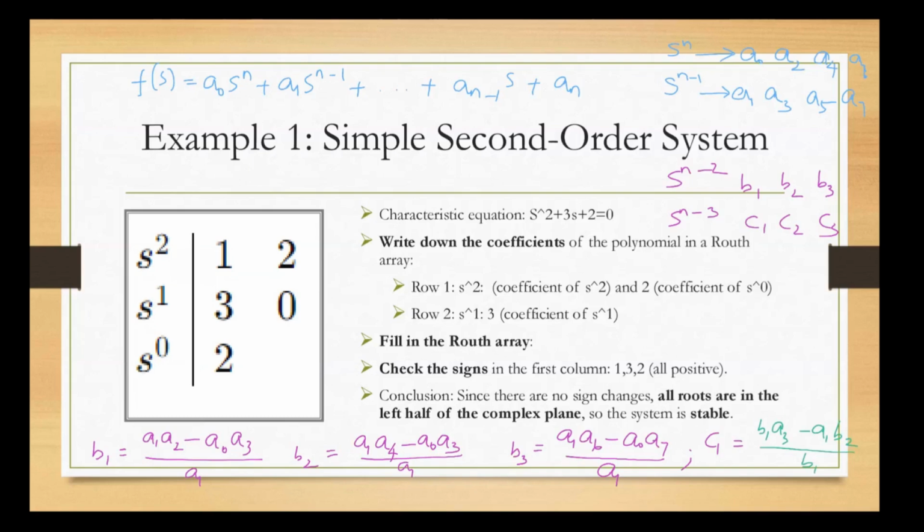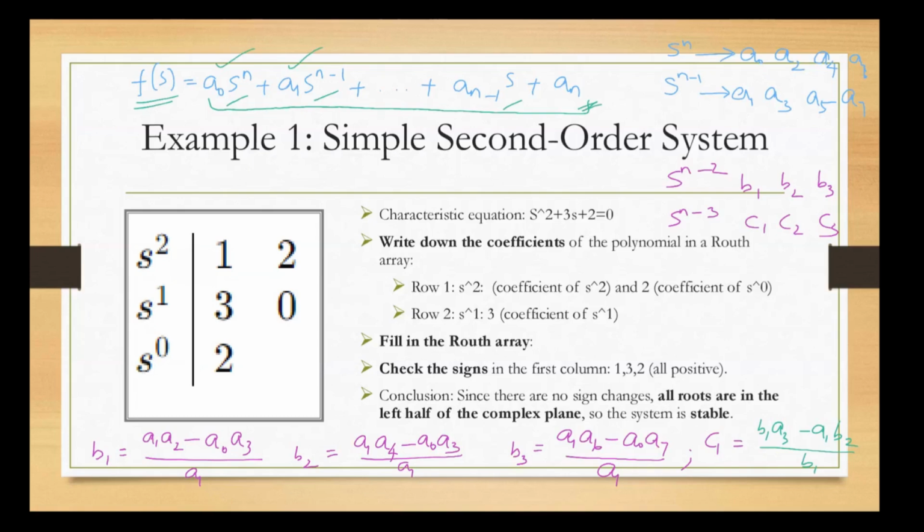Now suppose our characteristic polynomial f of s is something like this: a0 s raised to n plus a1 s raised to n minus 1, and so on up to a n minus 1 into s plus a n. So a0, a1 are the coefficients and these are the s terms: s raised to n, s raised to n minus 1, s, and the final constant term.